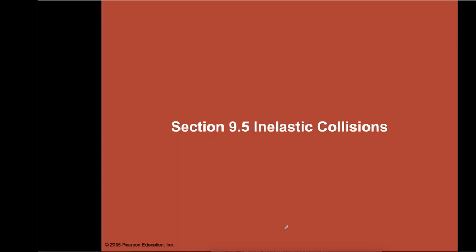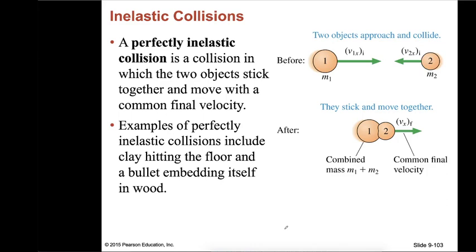Now, let's see another concept, which is inelastic collisions. A perfect inelastic collision is a collision in which two objects stick together and move with a common final velocity. For example, you have object 1 and object 2, they collide, and then they stick together and have a common velocity.